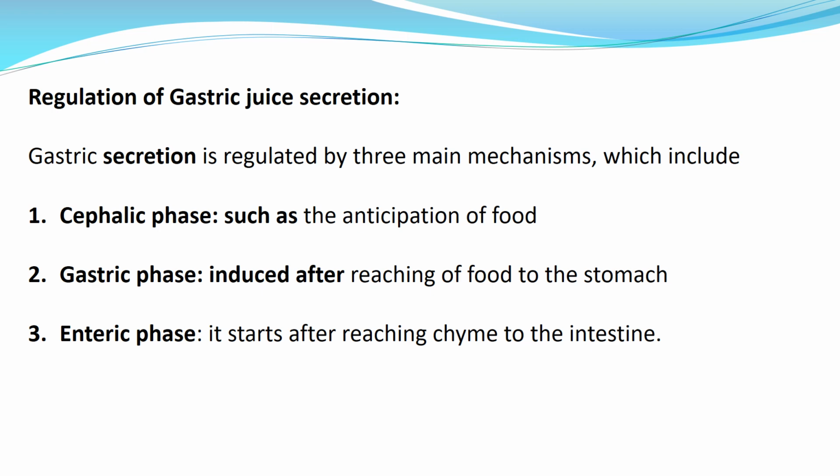The third is called the intestinal phase. It starts after the chyme reaches the intestine. As you know, we said as a result of the mechanical and chemical digestion of the food within the stomach, the food particles can be converted into a thick liquid form, which is called chyme.